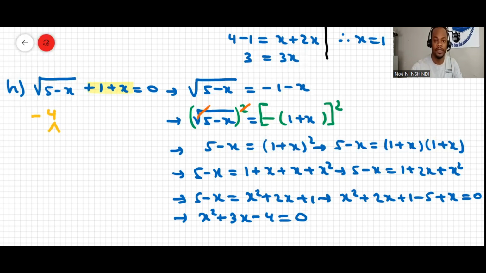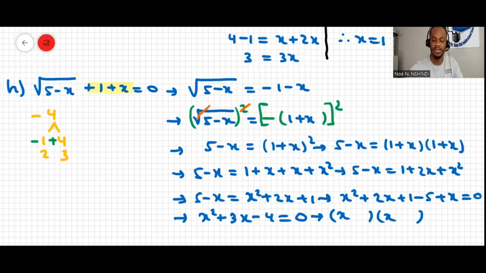Now we have a quadratic trinomial, and I'll write here negative 4. Then I'm going to list all the factors of negative 4. They are 1 and 4, 2 and 3, and then we can get positive 3 only with 1 and 4, if one is negative and the other positive. So negative 1 plus 4 makes positive 3. Then here we write x in the brackets.